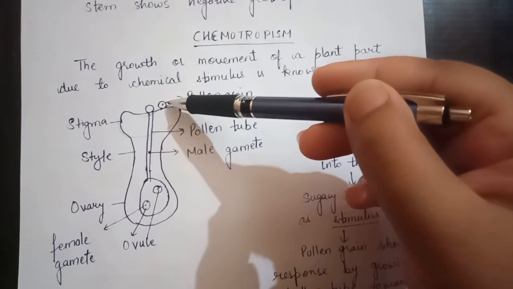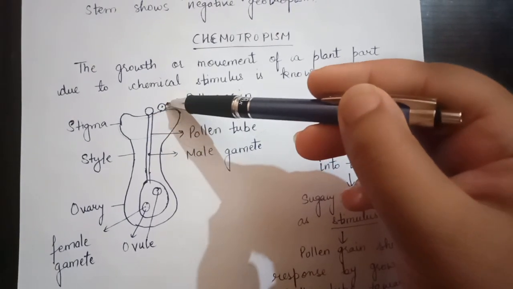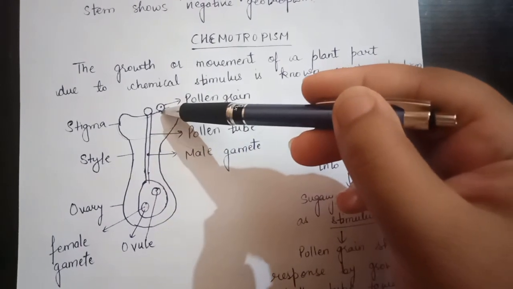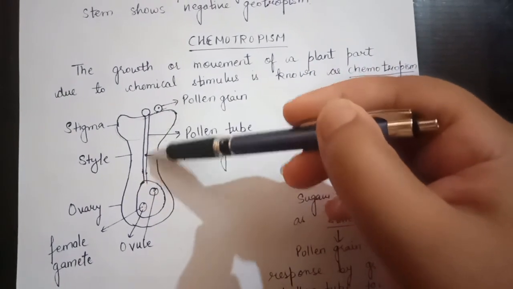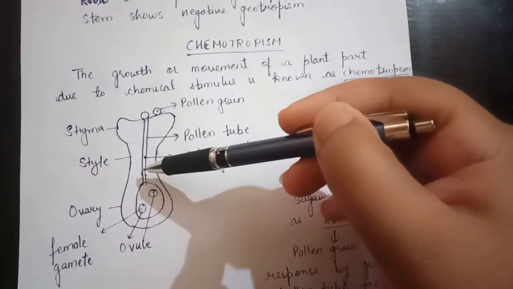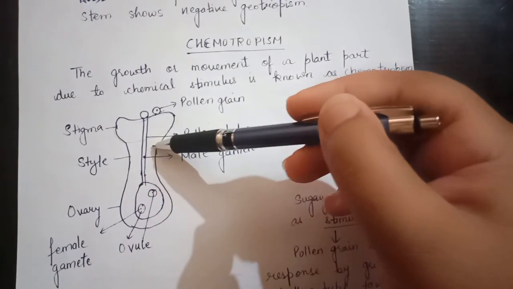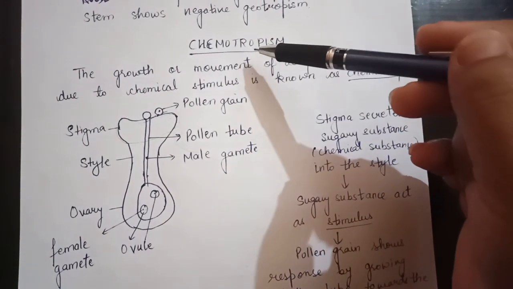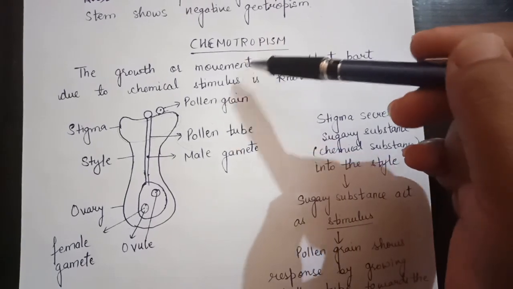Okay, so the pollen grain, in response to the chemical stimulus, shows the growth of the pollen tube in the downward direction. And this pollen tube growth in the downward direction is known as chemotropism.